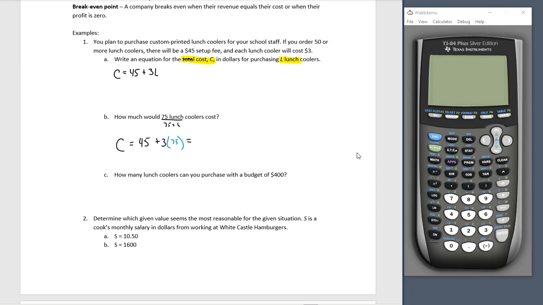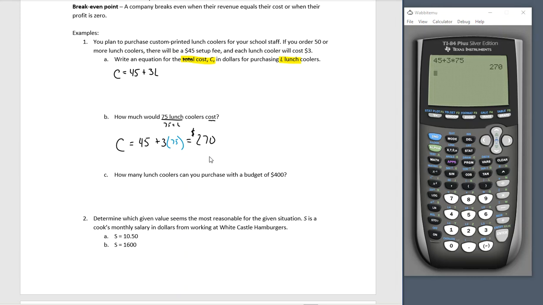We go over here to our handy calculator. 45 plus 3 times 75 is 270. But remember, this is a cost. Let's not forget the units, right?